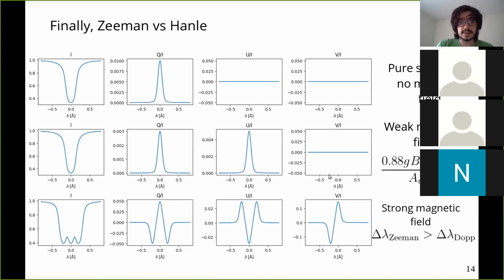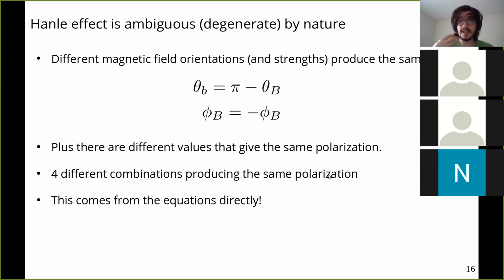So once again, when you write this full equation, which contains the magnetic field and everything, you can see that if I change inclination to pi minus inclination, and if I change the azimuth to its negative value, this combination on the right is going to give the same combination on the left.